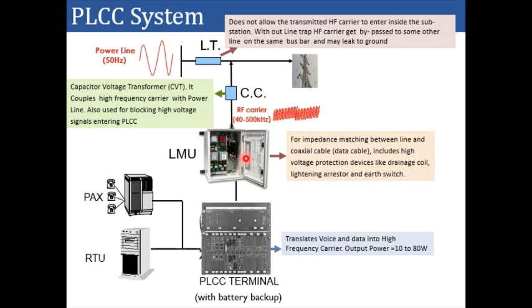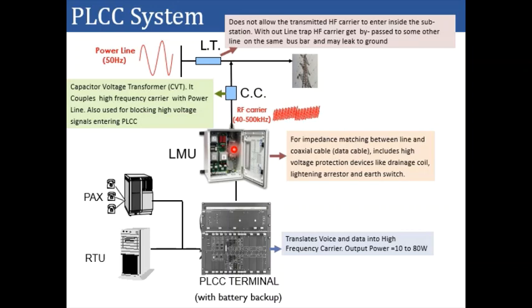It will also help in protecting the downstream terminals which are not connected to the high voltage transmission line, essentially the data equipment. So it will have protection devices like drainage coil, lightning arrestor, and earth switches.